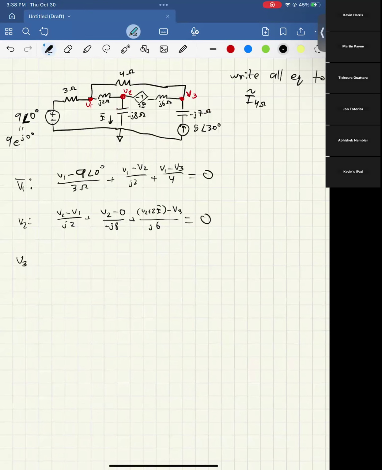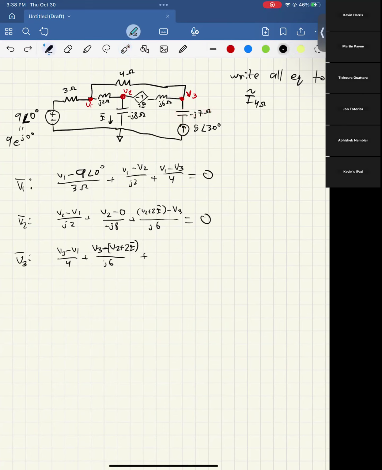And then finally, at V3, we have (V3 minus V1) over 4 going up, plus (V3 minus V2 plus 2I), for the same reason I said above, over j6, plus V3. Oh, actually, no, for this last part, since it's a current source, it's telling us the current is just that, so we don't even need to write this part.